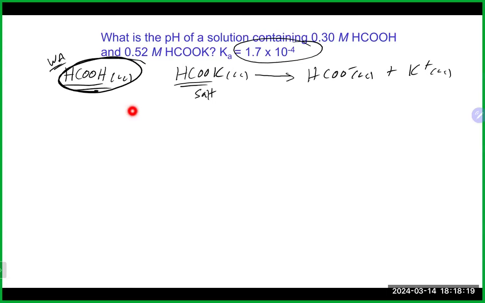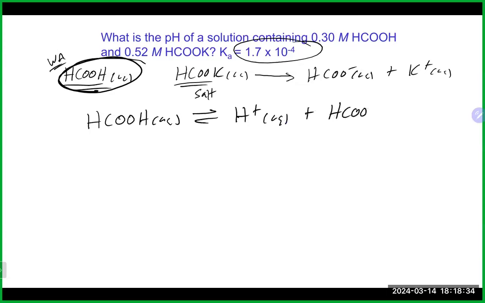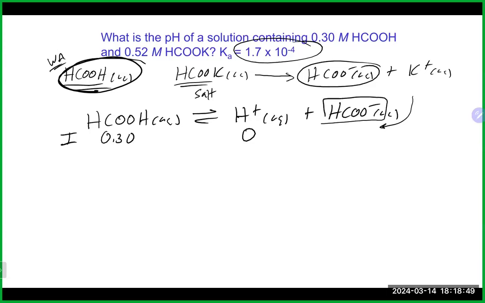So if we were going to take an ice table approach here, it would look something like this, with this breaking apart just like a normal weak acid problem. Initially, we have 0.3 and 0. And remember that if we take the ice table approach, we do have some formate in this case, which is the common ion here between these two.